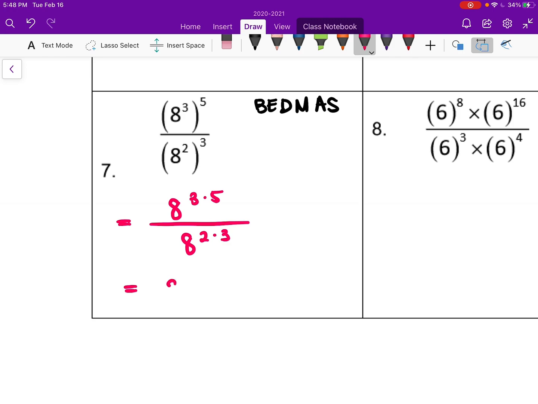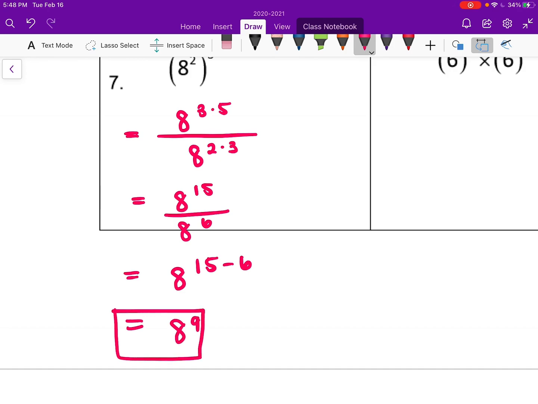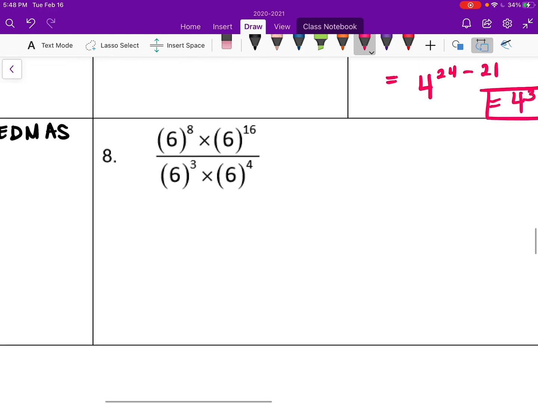I have 8 to the power of 15, 8 to the power of 6, and now I have a division, which I know is going to be the power of the numerator minus the power of the denominator, which gives me 8 to the power of 9. Okay.